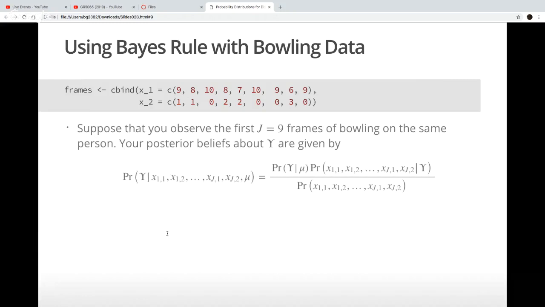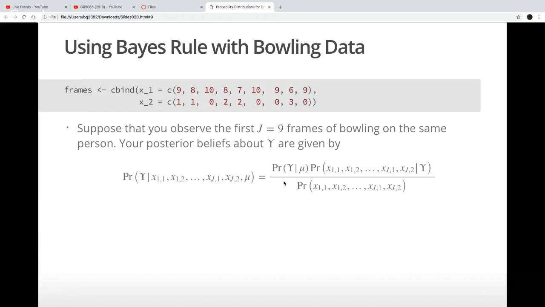Our posterior beliefs about the person's upsilon are given by Bayes' rule: the conditional probability of upsilon given 9 frames worth of data, with 2 rolls on each frame unless it's a strike, in which case we'll call the second roll 0, and mu, which was our initial expectation for what upsilon is. That left-hand side is equal to the right-hand side of Bayes' rule.